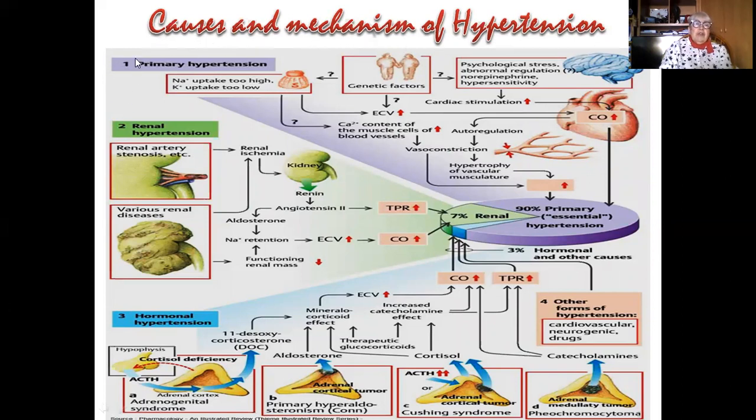For the first level of representation in real clinical practice, near 90%, it will be essential, without causes of origin, primary hypertension, and then it will be secondary renal hypertension, near 10% in real clinical practice, and hormonal secondary hypertension, near 3% of persons who will represent the hypertension syndrome in your practice, for example.